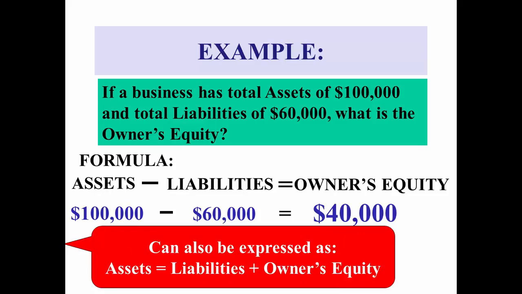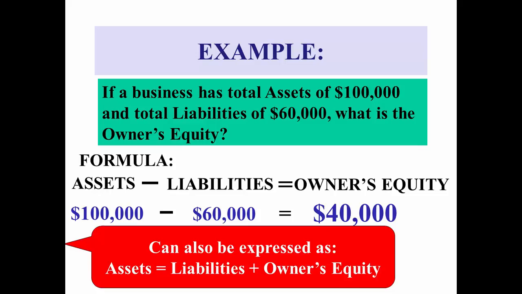Now, we can take what we just did and rearrange it, and just have the assets on the left side and put the liabilities over on the right side, and we would have assets equals liabilities plus owner's equity. This is the most common way that accountants put the equation.